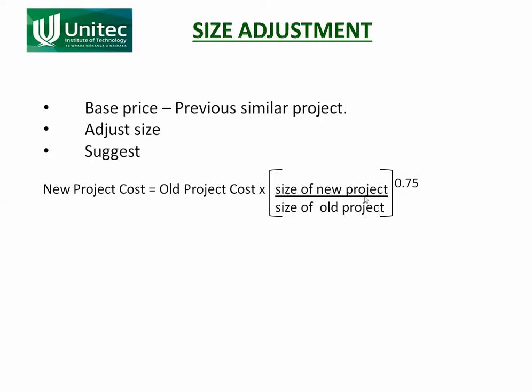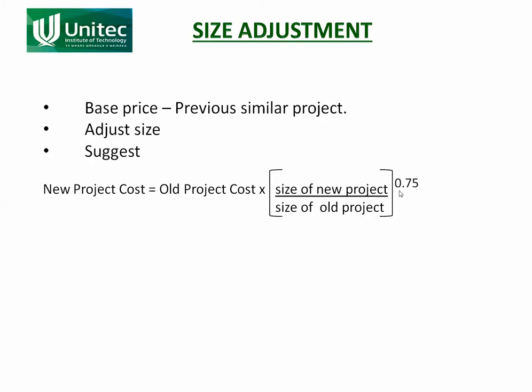Now you could just do it like that, but that's going to end up being a little bit too conservative. One way to make it closer to reality is to take that ratio there and raise it to the power of 0.75.